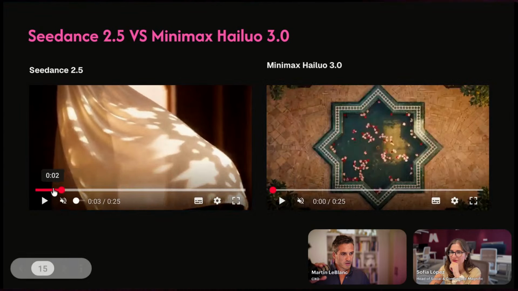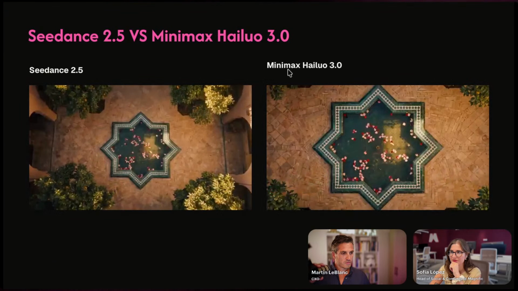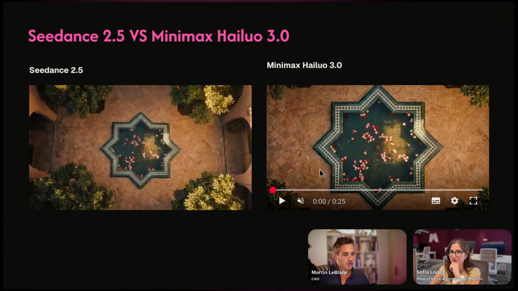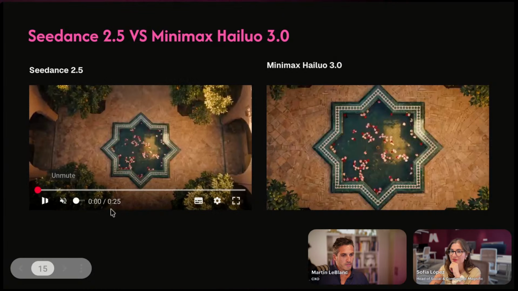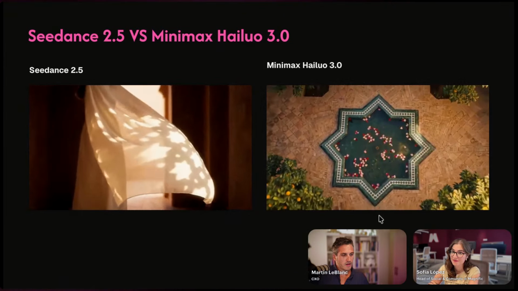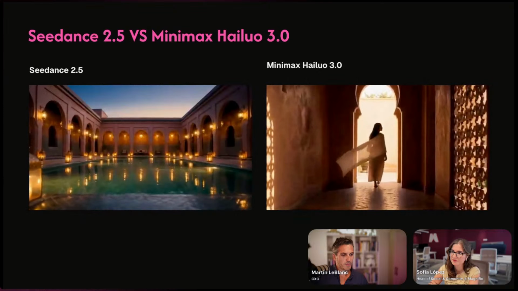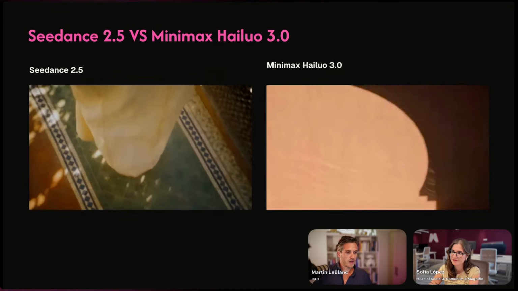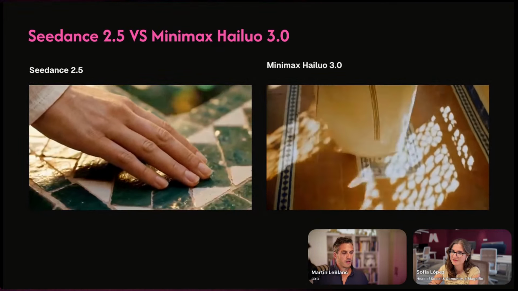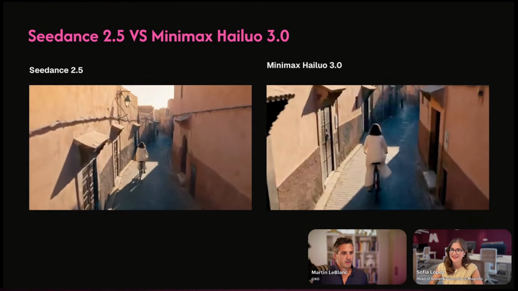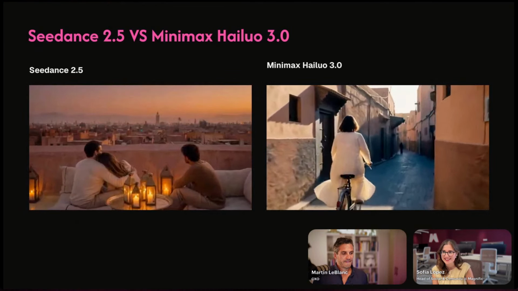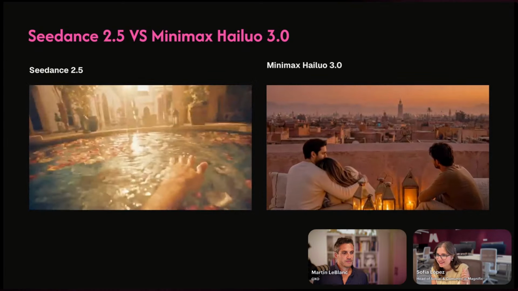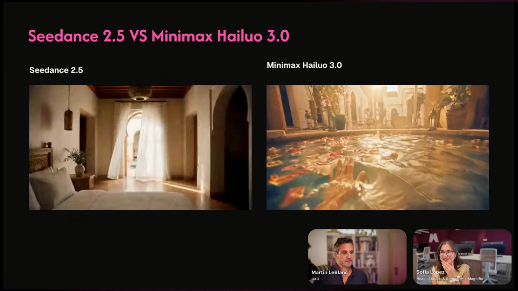And here's a benchmark of another new model, Minimax Hailuo 3.0. That one is a really strong one also. Here's the same prompt and same reference images, and just a side-by-side comparison of the output. It's really interesting here, because each has its own little thing. They're at that cinematic level.